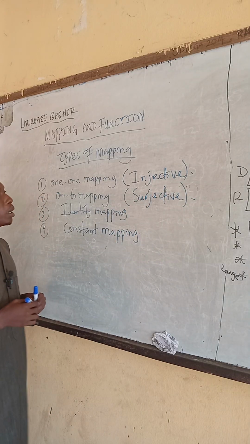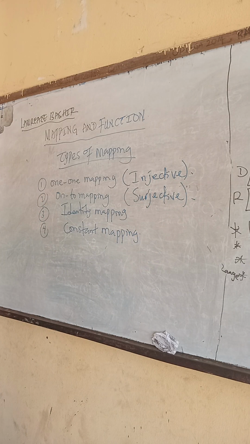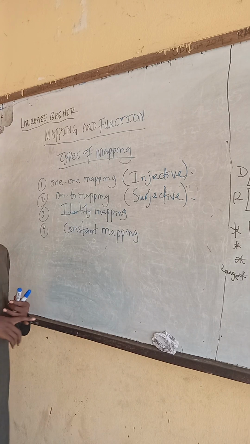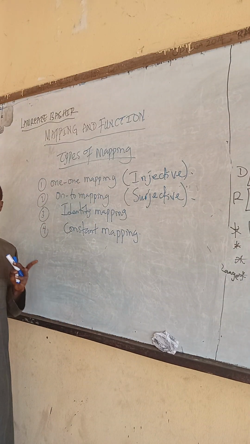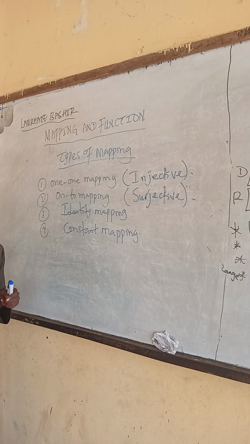So one-to-one mapping is also called injective mapping, and onto mapping is also called what? Surjective mapping.